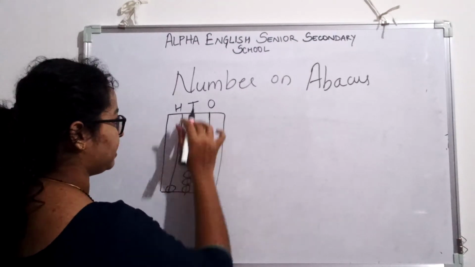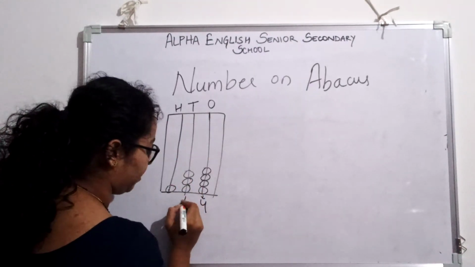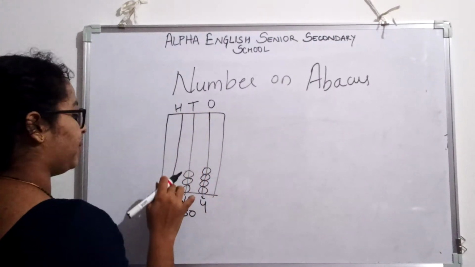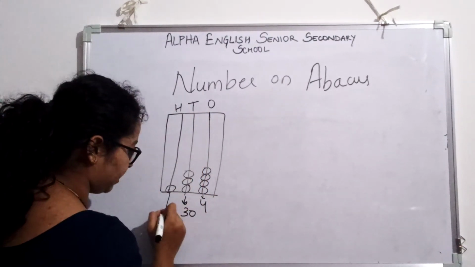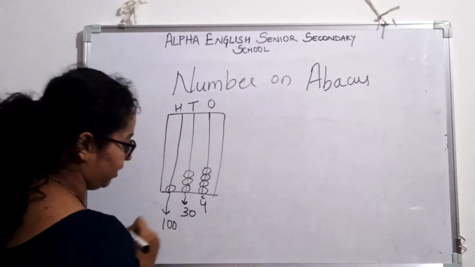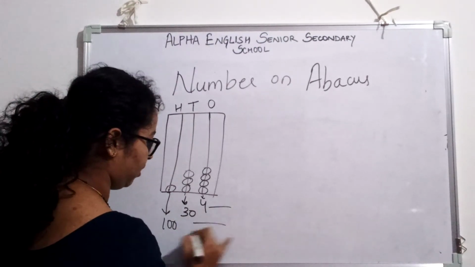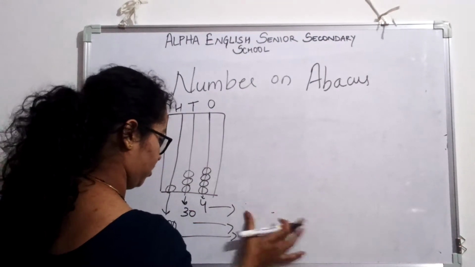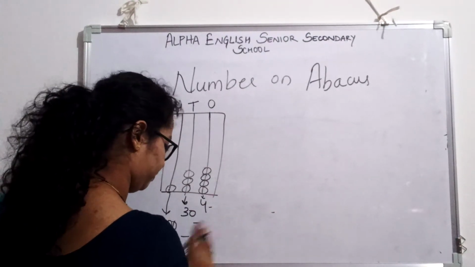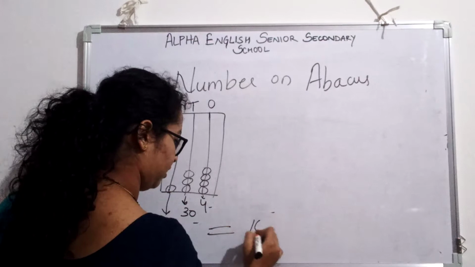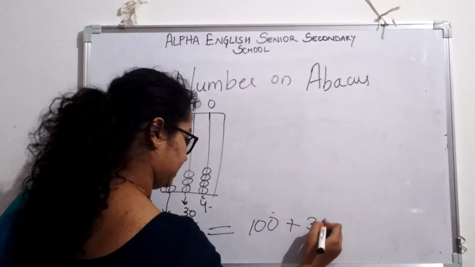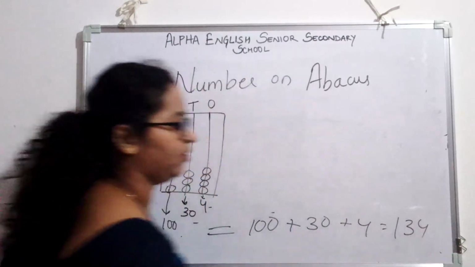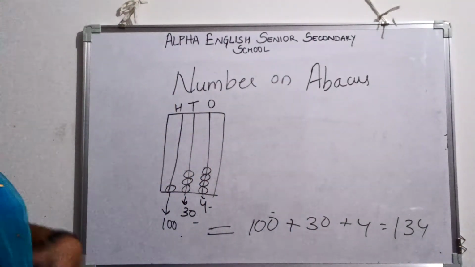The tens string has 3 beads, that means 30. And the hundreds string has 1 bead, that means 100. And the number will be 100 plus 30 plus 4, that is 134. Got it?